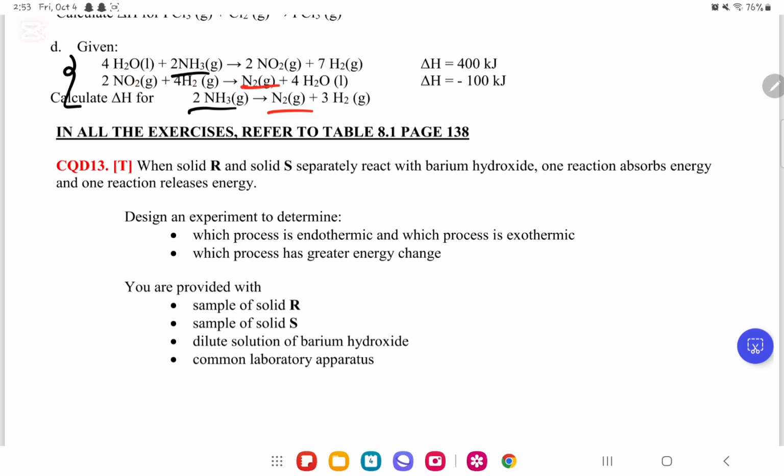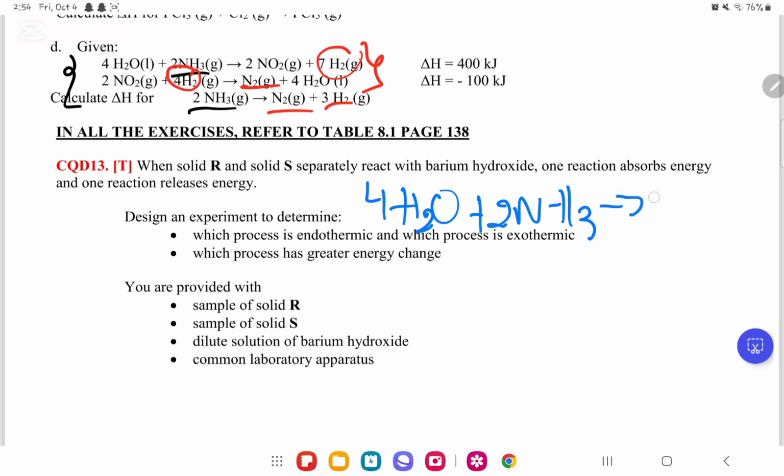But we need N2 in the products, and it's given to us already in the products, so we don't need to change anything. And the H2, as you see, we have H2 here and we have H2 there, in the reactants and in the products in two different equations, so we will leave it, it will balance out by itself. So now we have 4H2O plus 2NH3 gives us 2NO2 plus 7H2, okay?